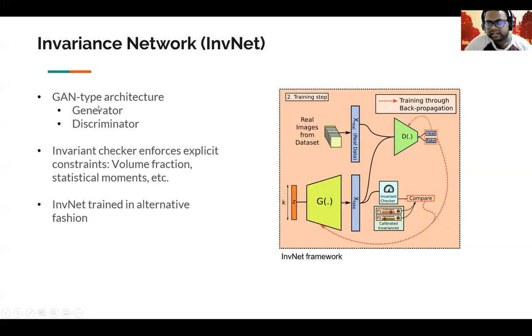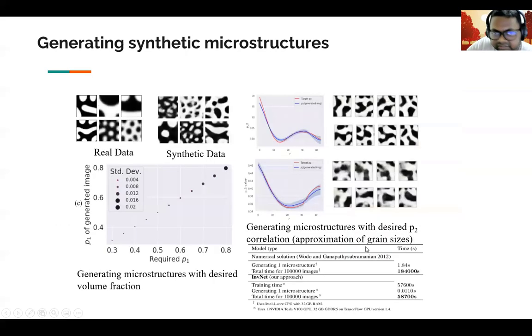The GAN-type architecture, as explained earlier, has a generator and a discriminator, and then an invariance checker. And these invariance checkers could be either statistical moments or some volume fraction. And just like you perform training of generator and discriminator alternately, in an InvNet, we perform generator, discriminator, and invariance checker optimization alternately.